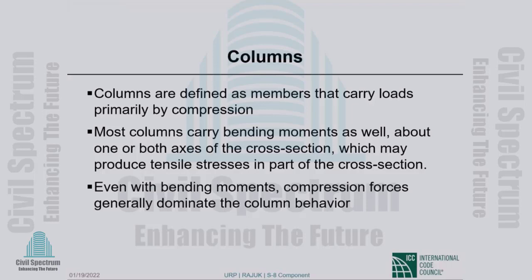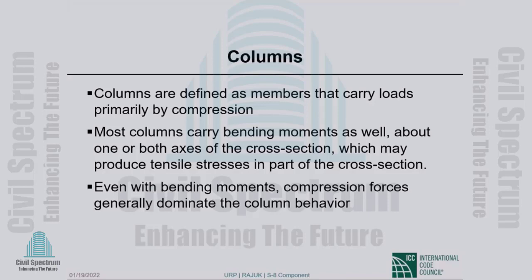There is a definition of columns in chapter 2 of ACI 318 where all the definitions are. It says that a column has a height to minimum plan dimension ratio of no less than 3.